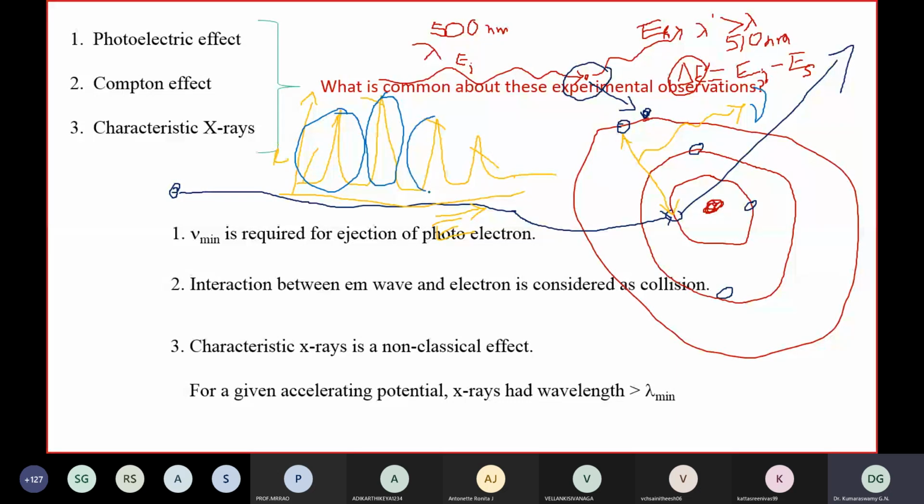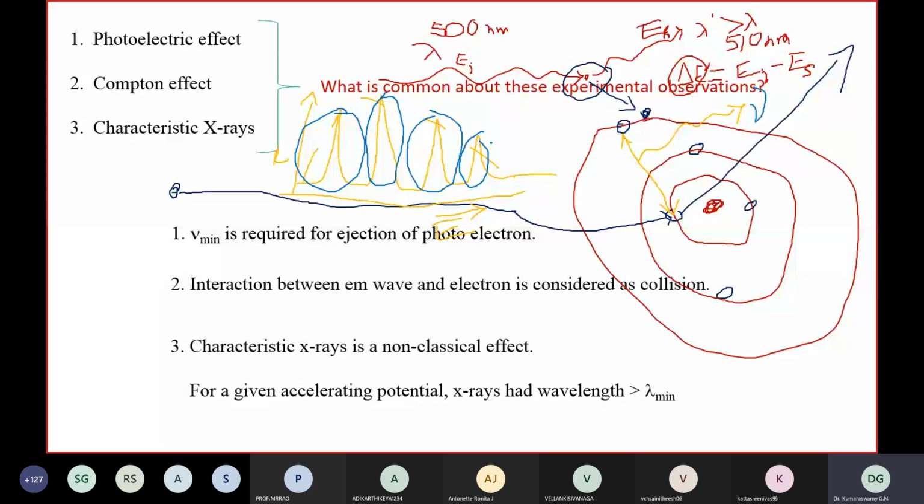When this electron comes down, it should not emit like this. First of all, it has discrete orbitals, and that concept itself was new. It was a quantum mechanical concept. The discretization of the energy levels was first encountered with characteristic X-rays and is a non-classical effect.